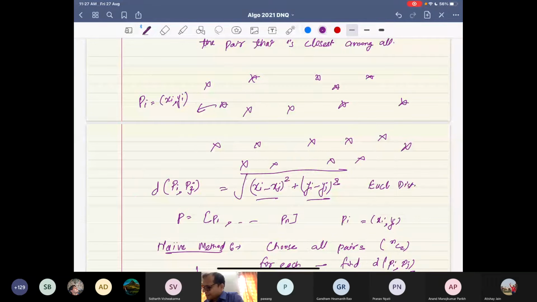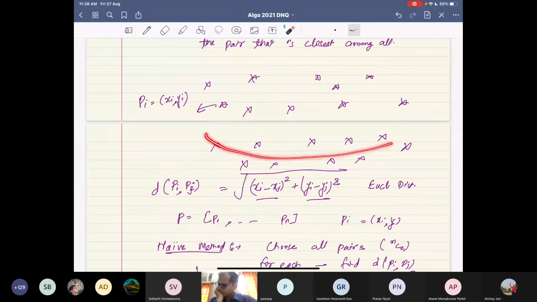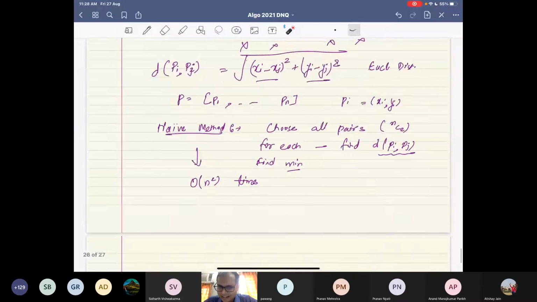Let's hear. What thought comes to your mind? What can we do? These are the points. Dividing the plane, good. Dividing the plane into how many parts? I hear 2.